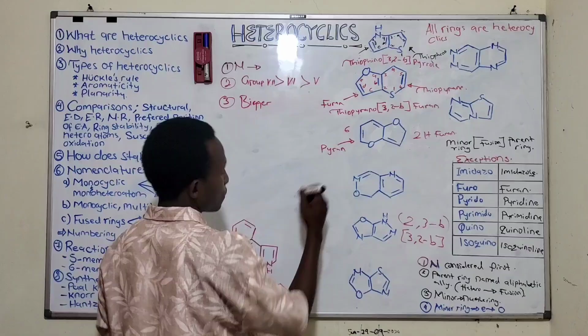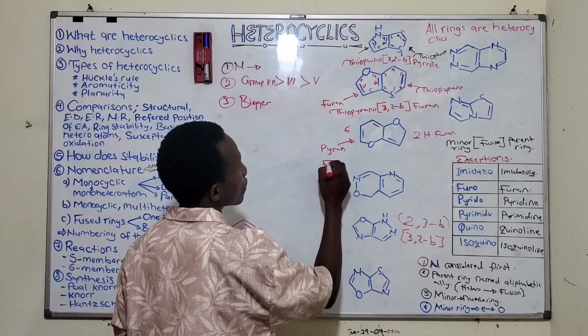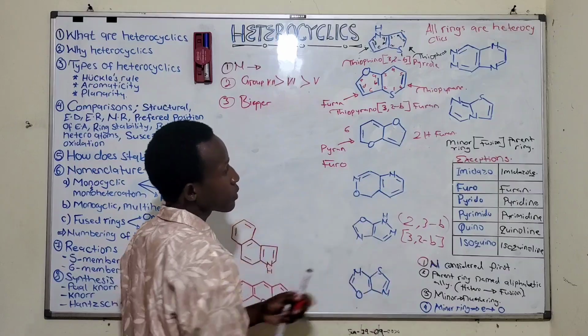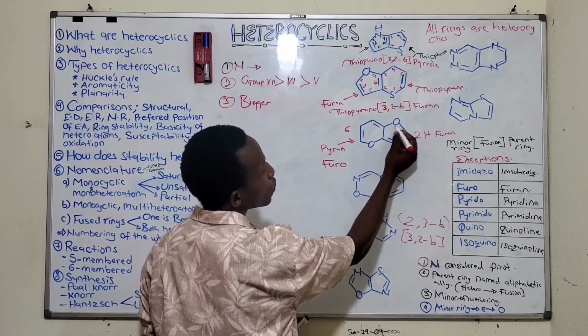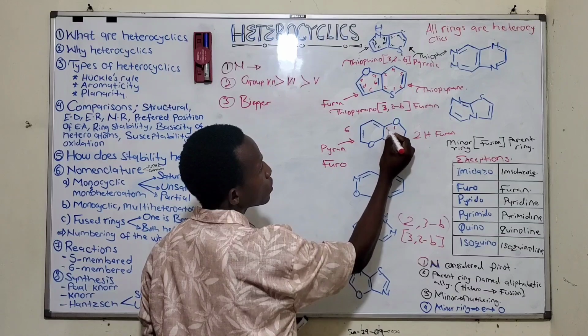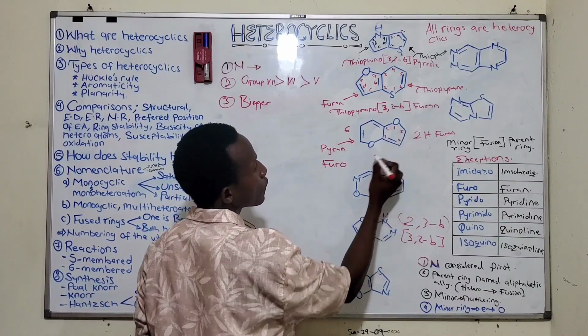Now the name will be furo. Now the fusion, this is position 1, this is 2, this is 3, 4, and 5.